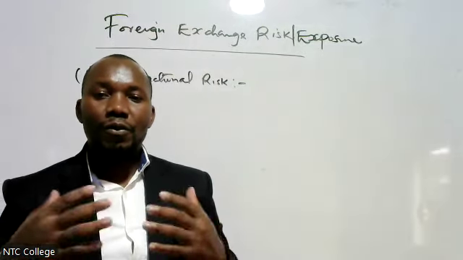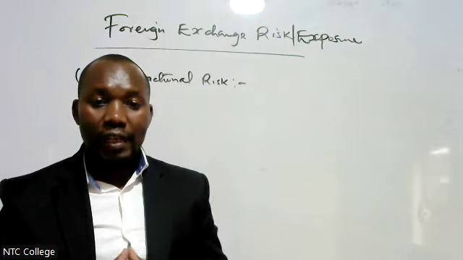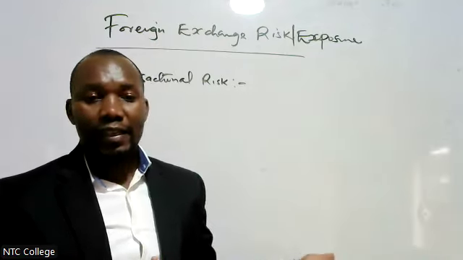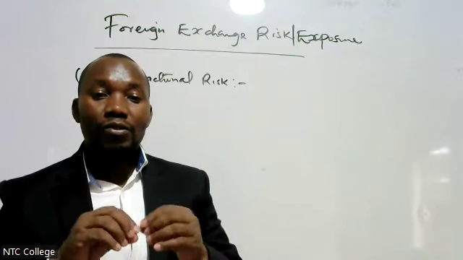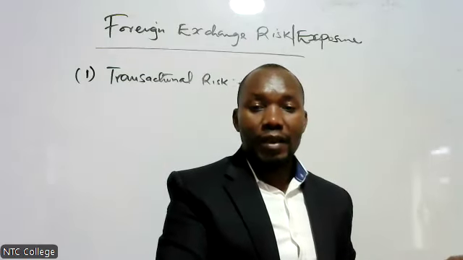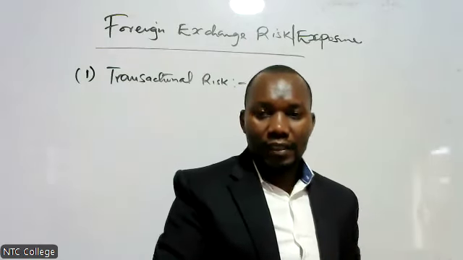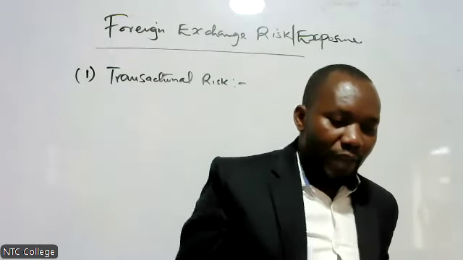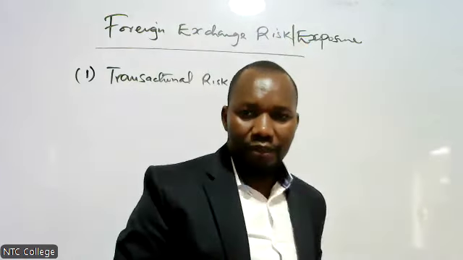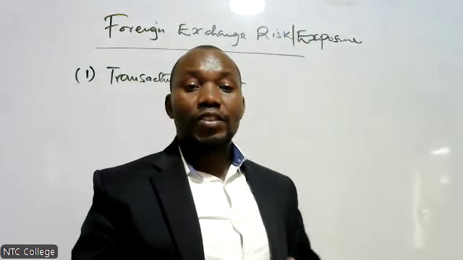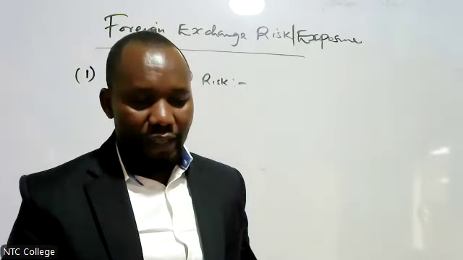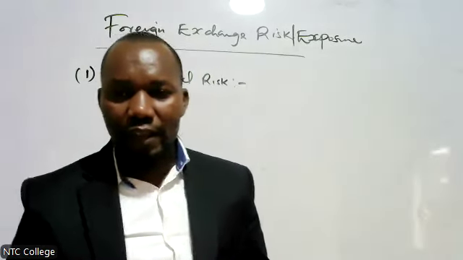So if we have done a transaction today, I might decide to pay now or wait and pay later. You might find that the rate we are using today is different from the rate I'll use when I'm making payment. That kind of risk is what we call transactional risk. It comes as a result of the change of the exchange rate between the date of transaction and the date of settlement.